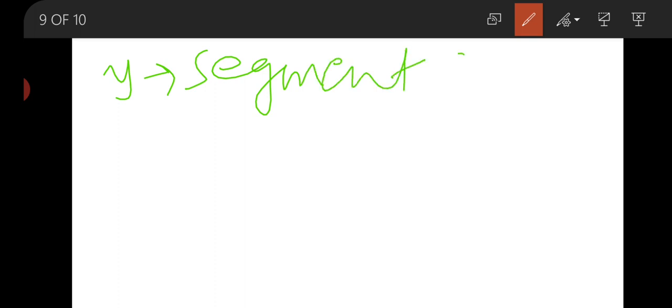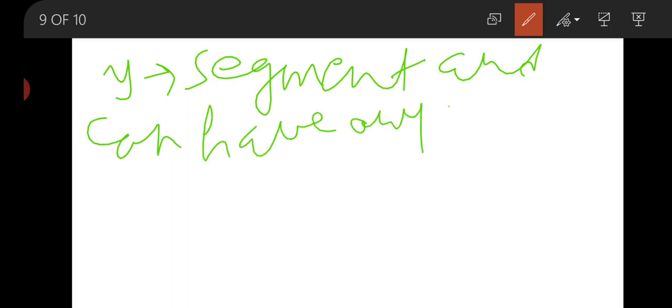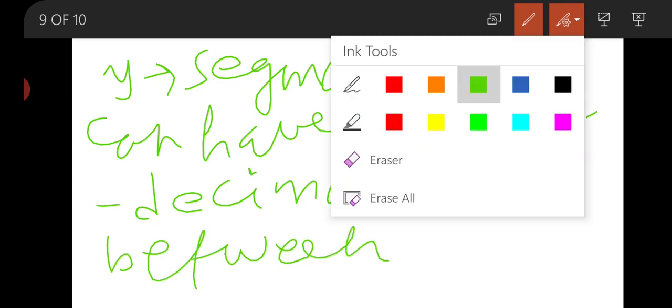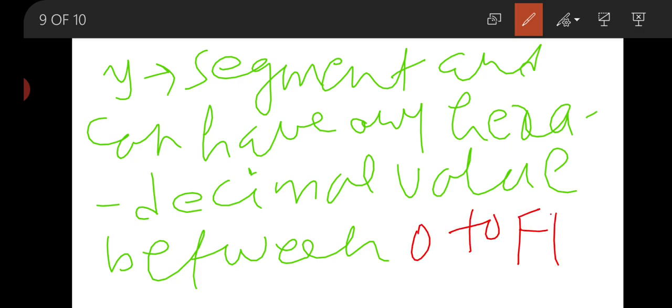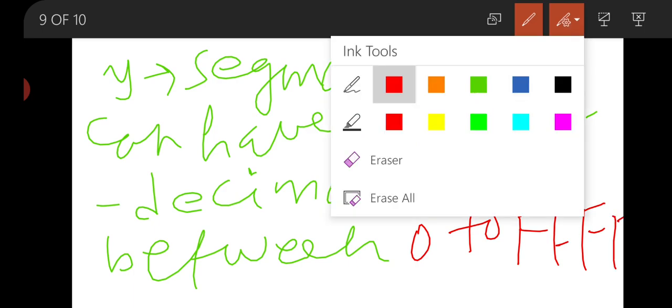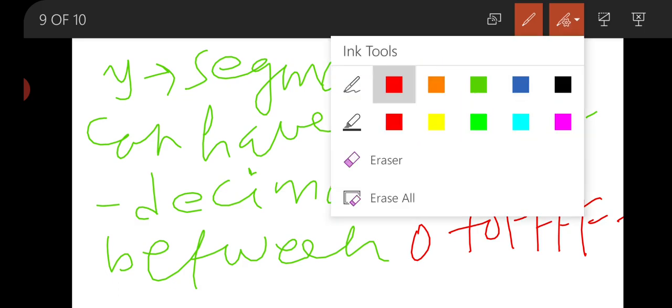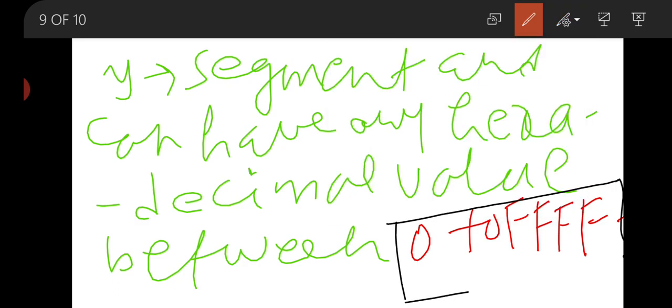You can say that y is a segment and can have any hexadecimal value between 0 and FFFF, 4 times F. This is the range of y, that means the range of the hexadecimal value.